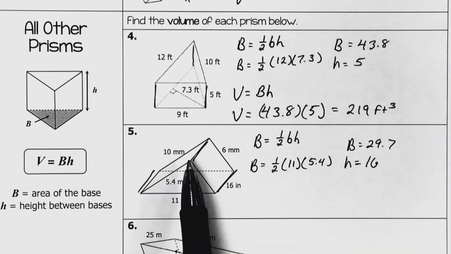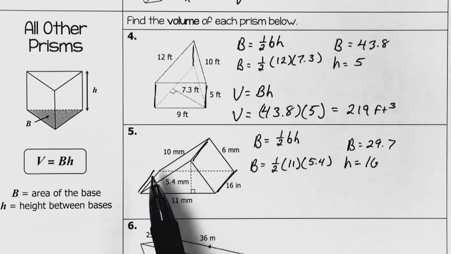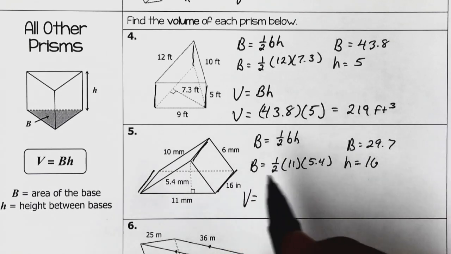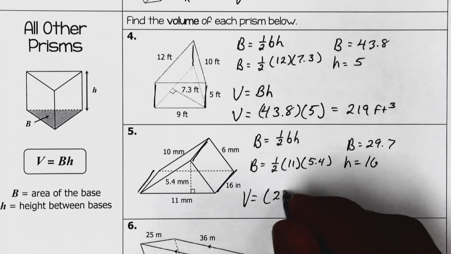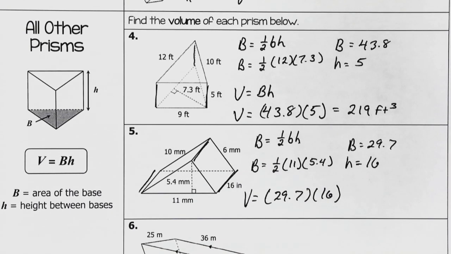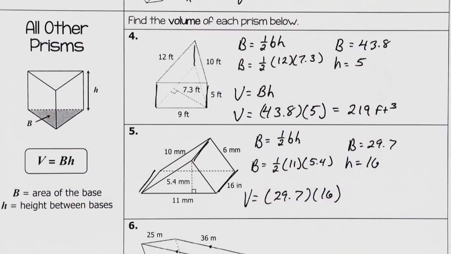This height is the height of the triangle, which is the 5.4. This height is the height of the prism, which is how far apart the two triangles are. So volume is going to equal base times height. So 29.7 times height, which is 16, which is 475.2.